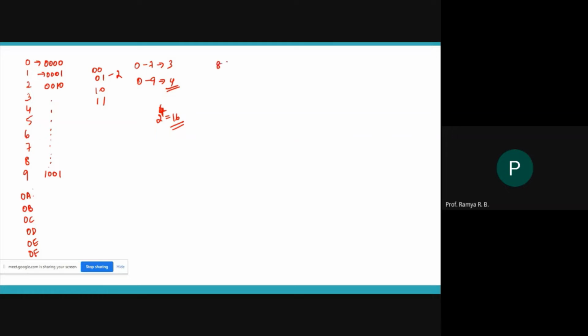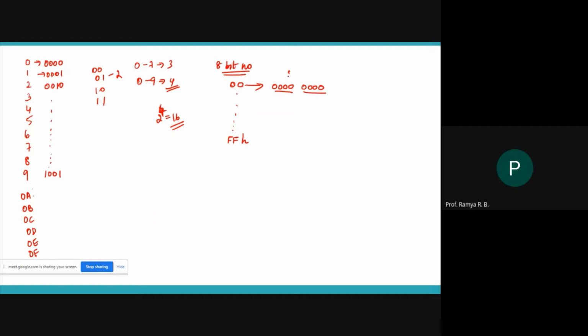Now if I want to represent an 8-bit number, then my range will go from 00 to, not 7, if I want to represent an 8-bit number my range will go from 00 to FFH, right? See, this 0 is not a single 0, this 0 is actually 4 zeros.